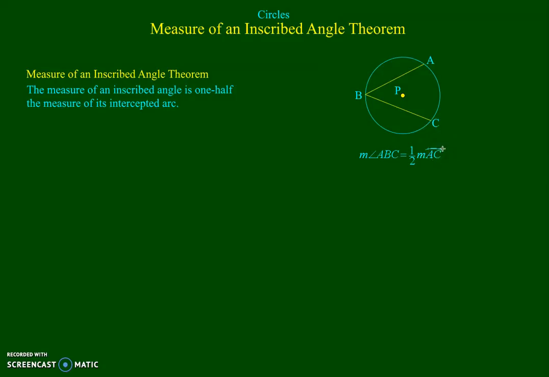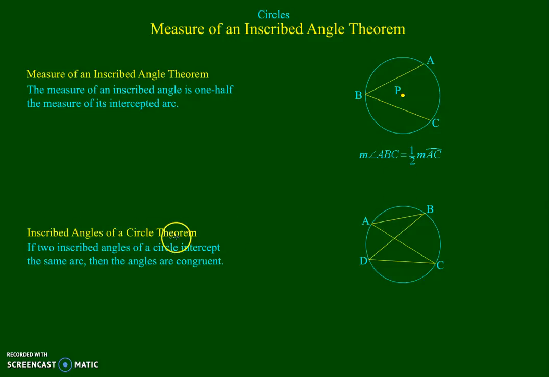Now before we look at the proof of this theorem, I want to look at another very closely related theorem that is going to be used quite often. This is the inscribed angles of a circle theorem, and you can think of it as just an extension of the measure of an inscribed angle theorem. It simply says, if two inscribed angles of a circle intercept the same arc, then the angles are congruent.